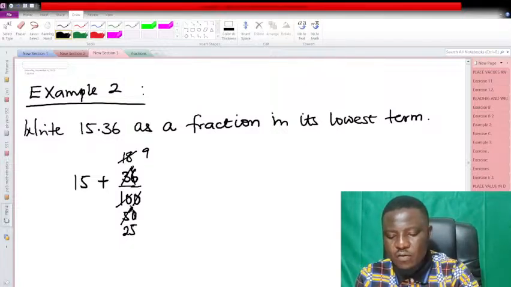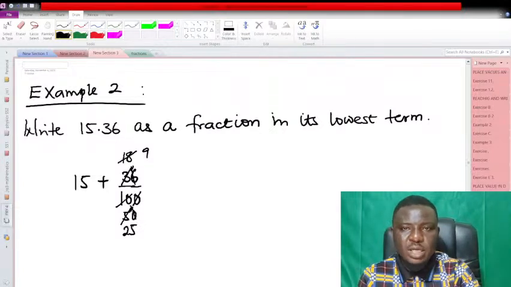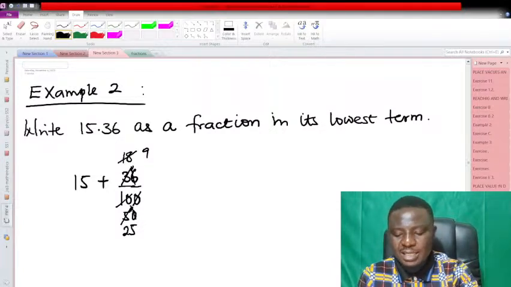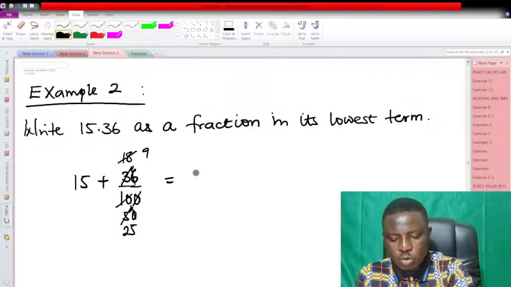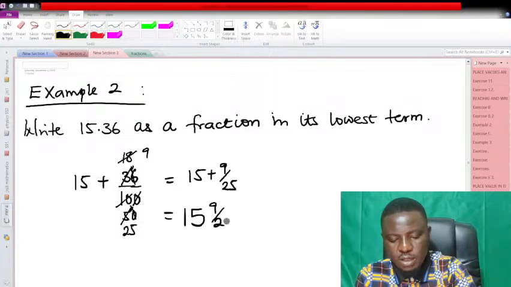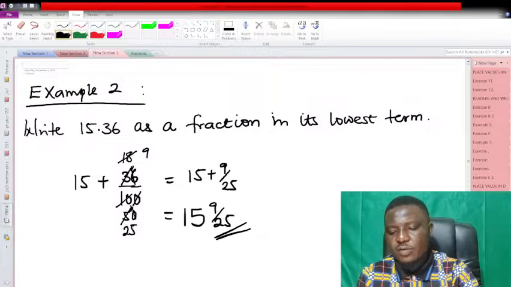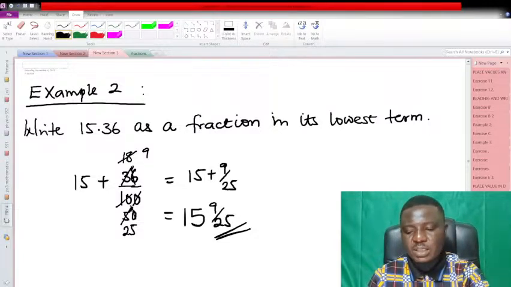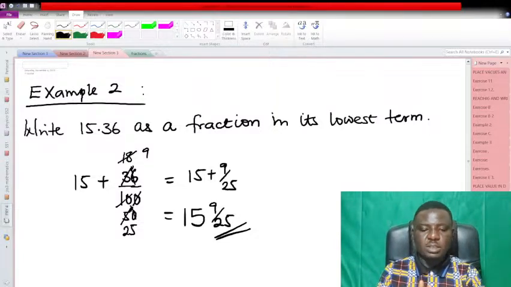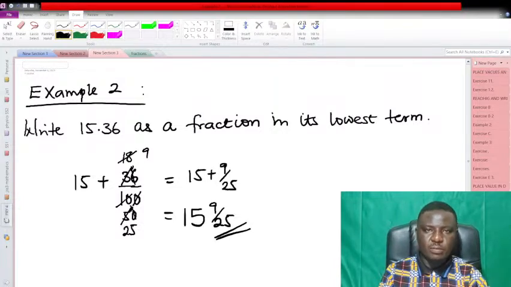So we have 9/25. At this point, there is no other factor that can divide 9 and 25. So this is equal to 15 plus 9/25, and this is said to be 15 whole number 9/25. So this is how you express decimal numbers as a fraction.